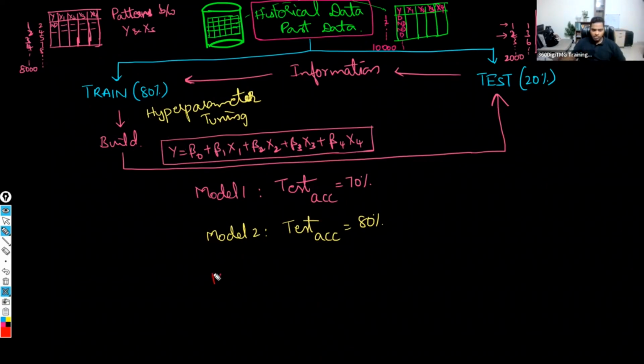When you do that, probably this time, model 3 gave you an accuracy of 92%. Maybe you're now happy that yes, I crossed the limit set by the customer. Customer told, you know what, I need minimum 90% accuracy, and there we go. I could give the customer an accuracy of 92%.